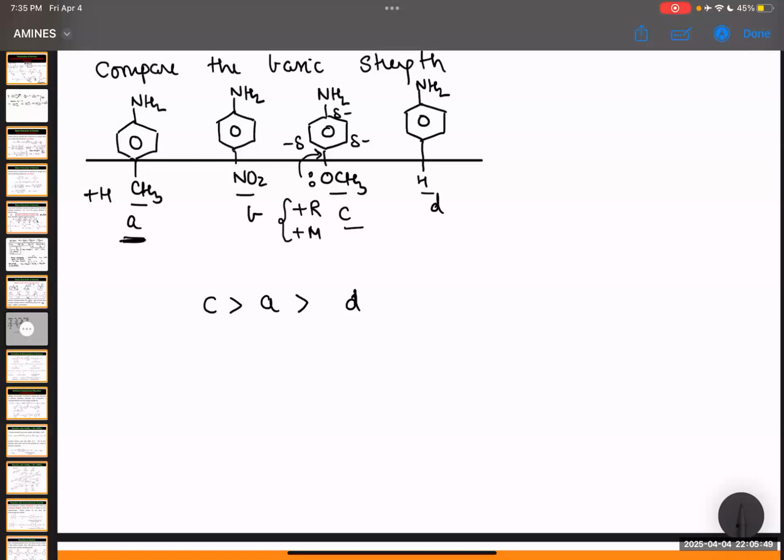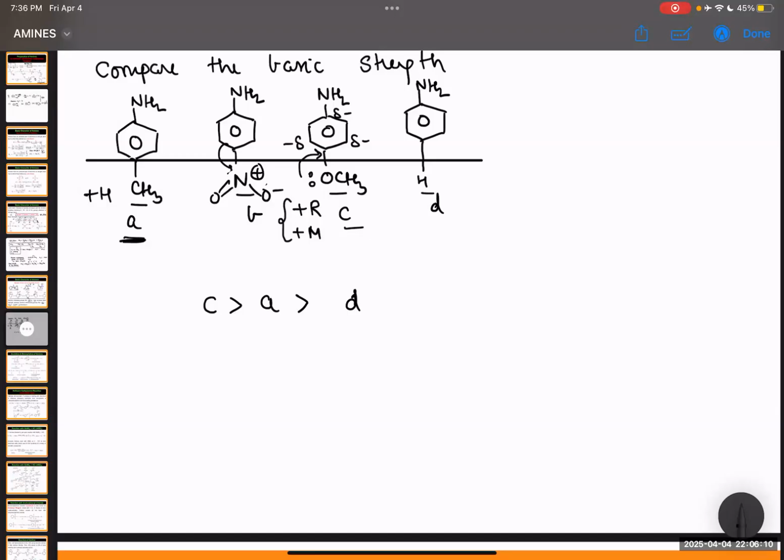A, then D, but B is least basic because NO2 is having a positive charge on nitrogen. Got the point? So it is actually withdrawing the electron density from the aniline. So now aniline is less basic because its electron density has been removed by the NO2 group.